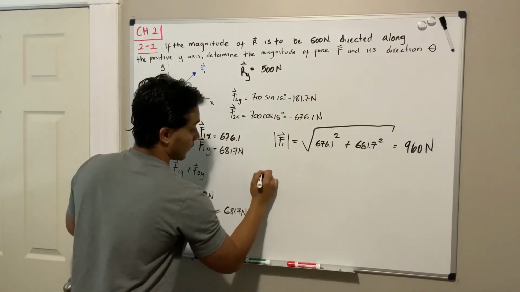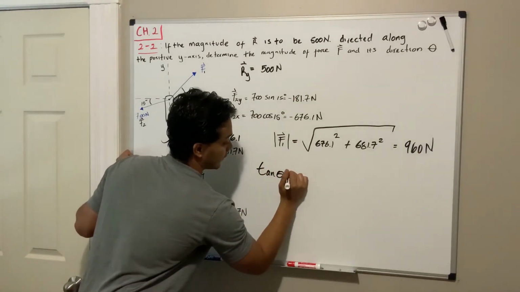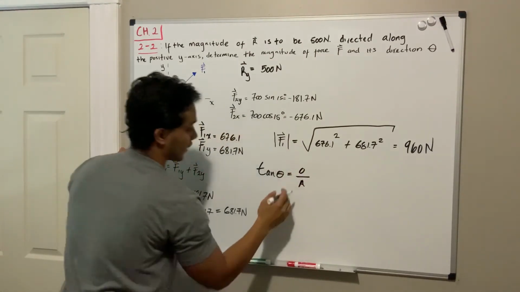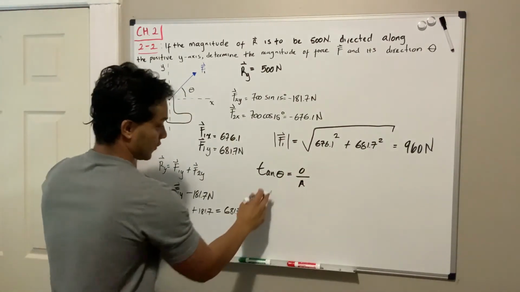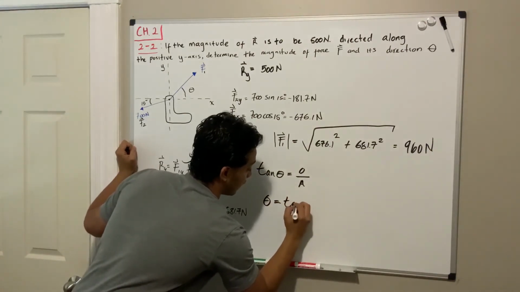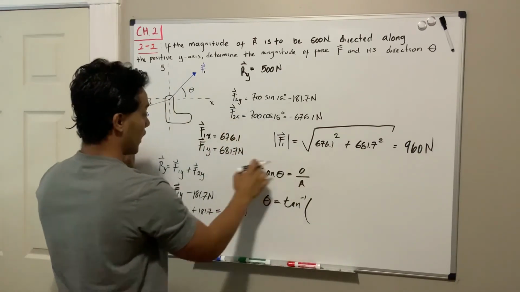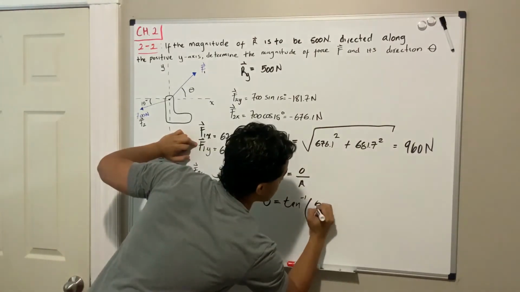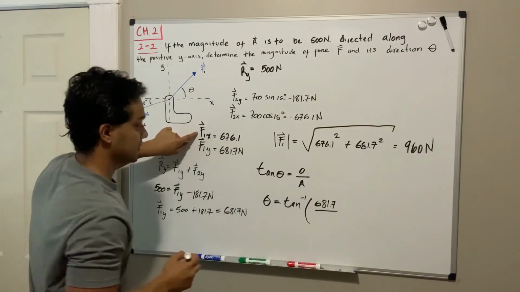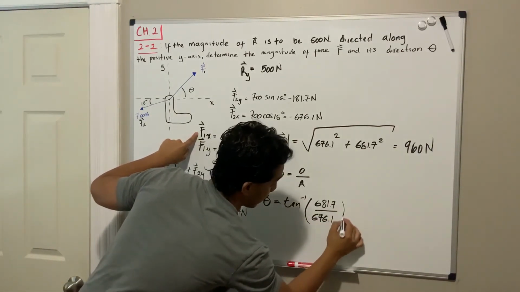Now, how can we find theta? We know that tangent of theta is equal to opposite over adjacent, which is actually y over x. So if we solve for theta, theta is gonna be equal to the inverse tangent of the opposite, which is its y value, 681.7, divided by its x value, which is 676.1.